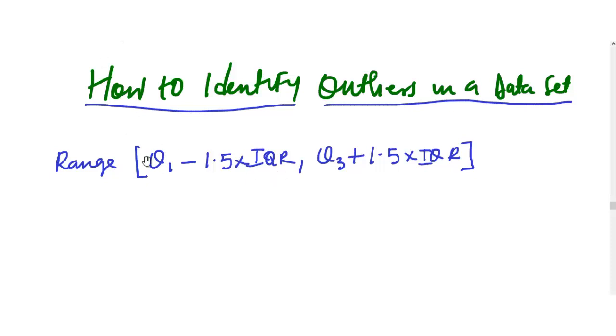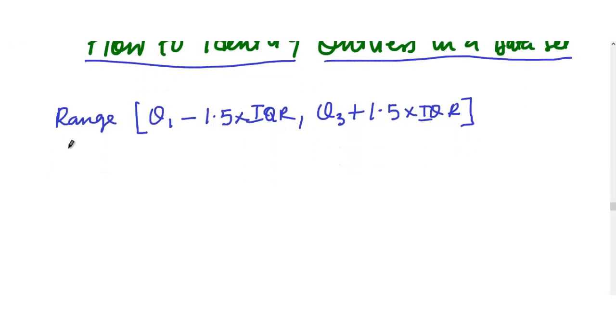The question says, for the set of numbers, check if outliers exist.